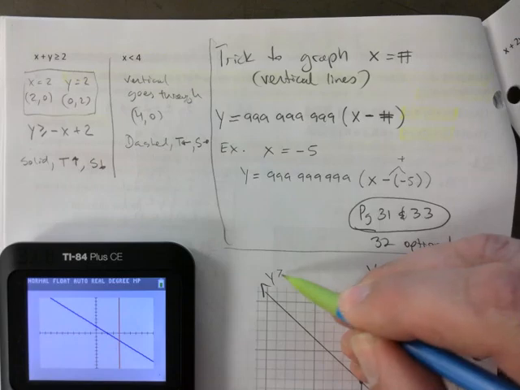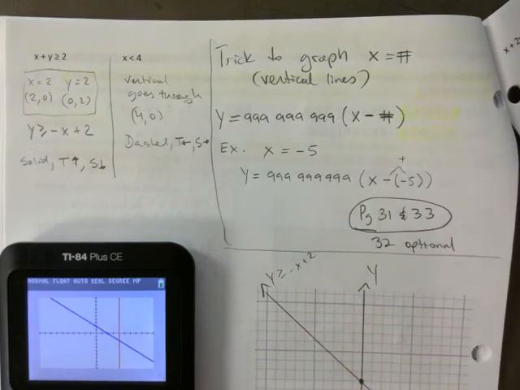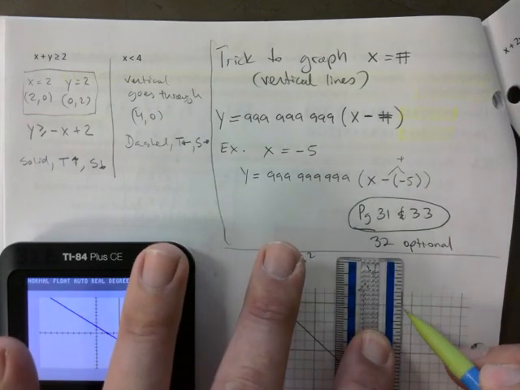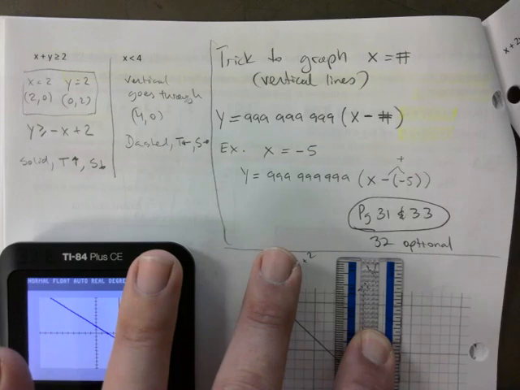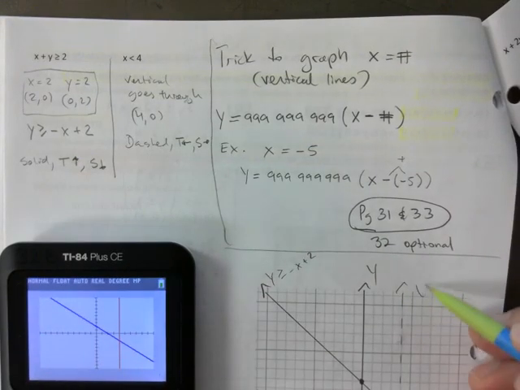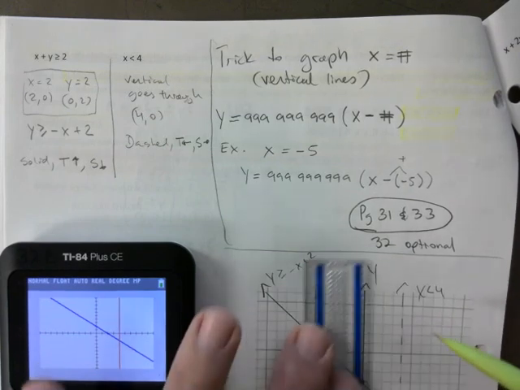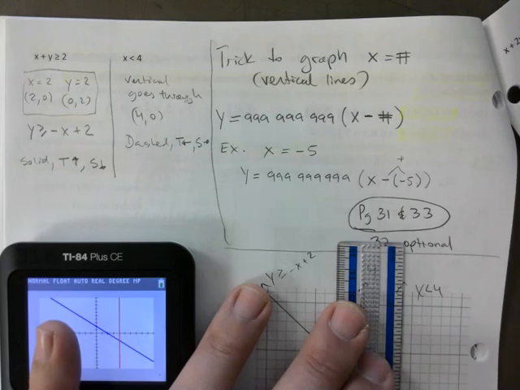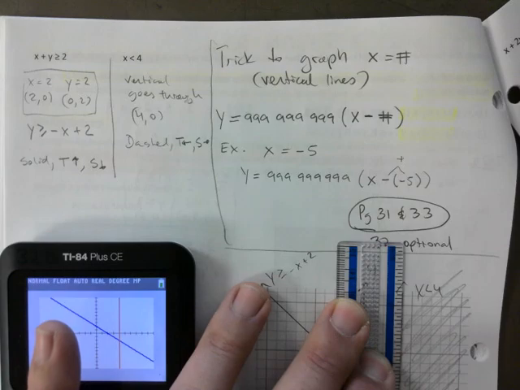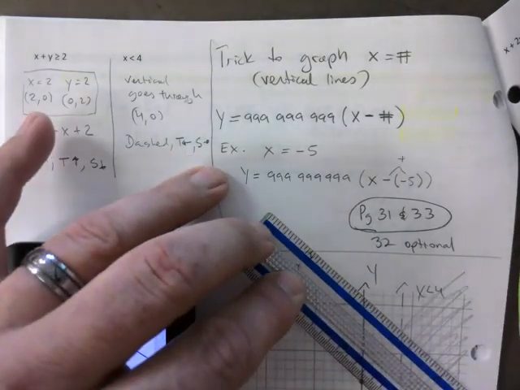This is y is greater than or equal to negative x plus 2. And then the vertical goes through 4 right here. It's dashed. x is less than 4. And we're shading to the right here. And we're shading below on this one.